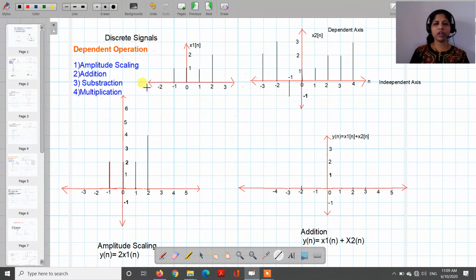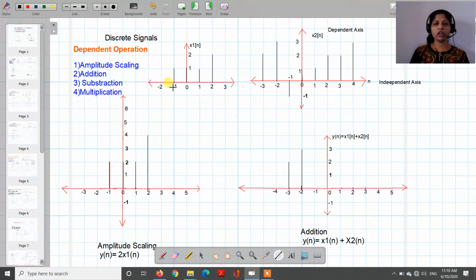On x2 at -2 the amplitude is 3, on x1 at -2 there is no sample, meaning 0 plus 3. So at -2 the amplitude is 3.